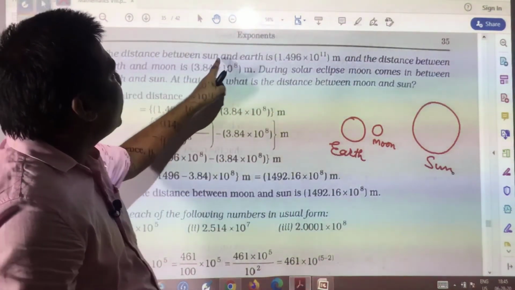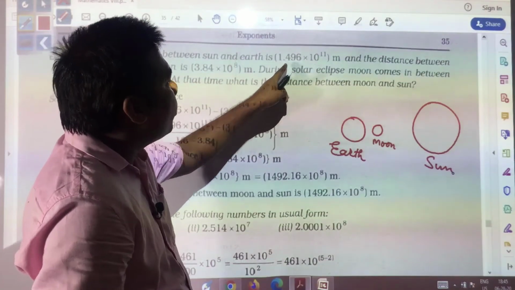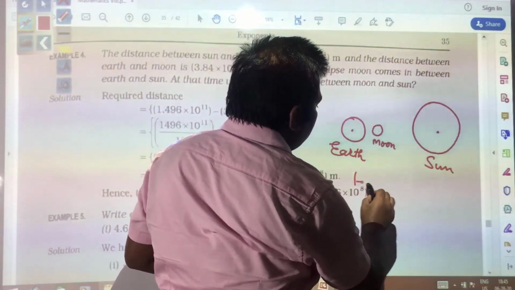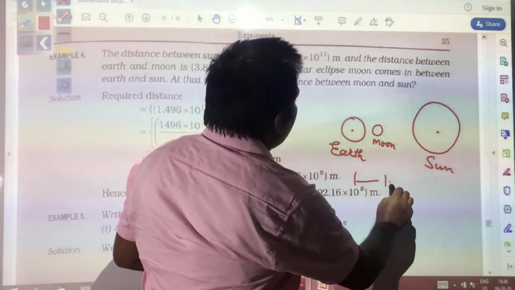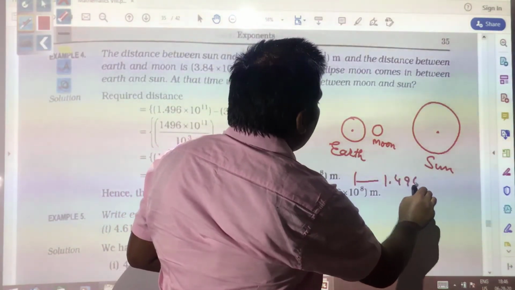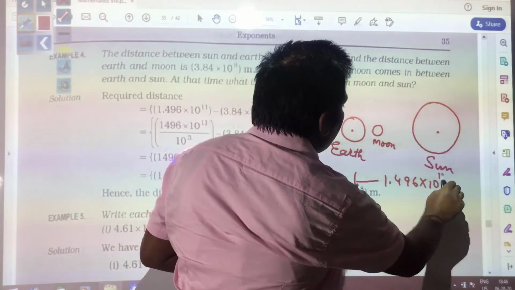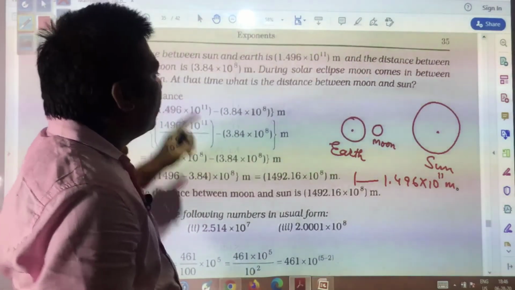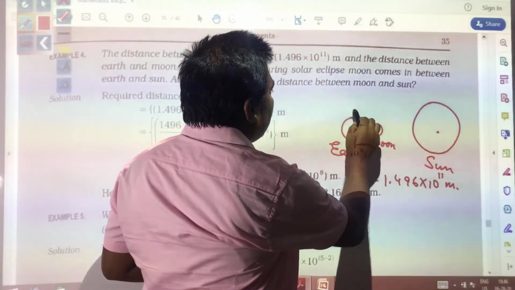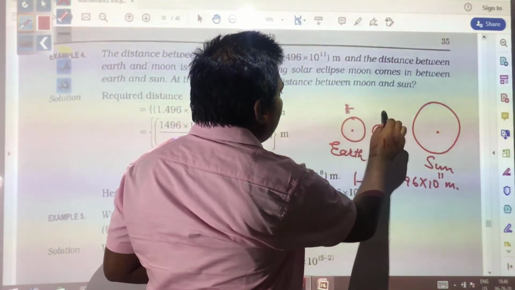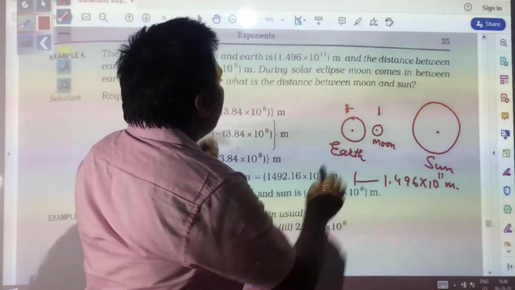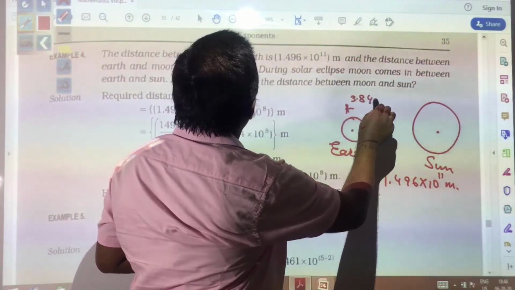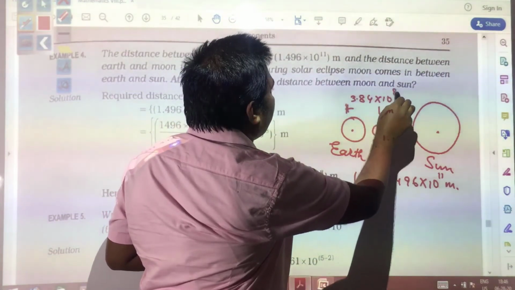Suppose the distance between sun and earth, this distance, has been given as 1.496 into 10 to the power 11 meter, and the distance between earth and moon, this distance, has been given as 3.84 into 10 to the power 8 meter.